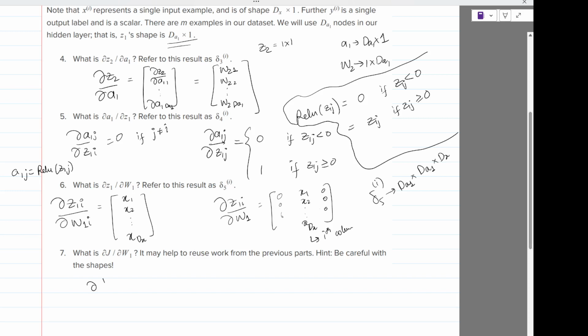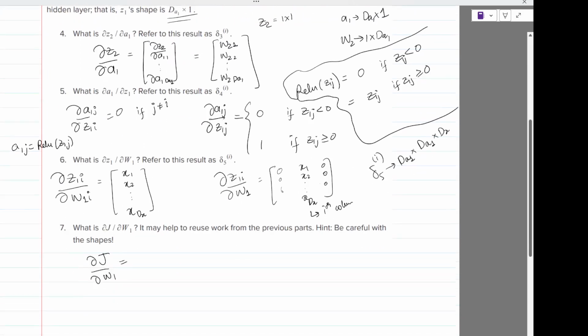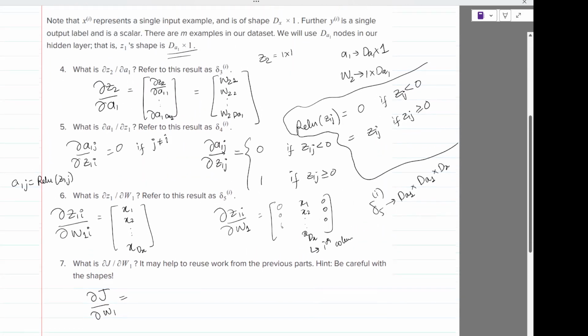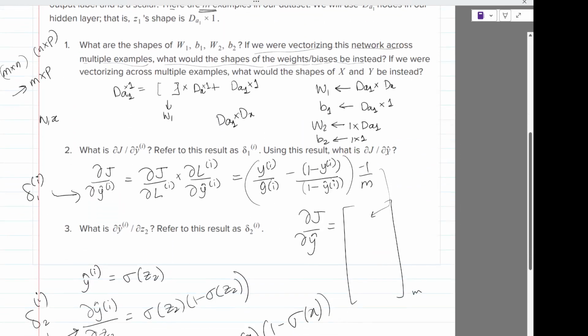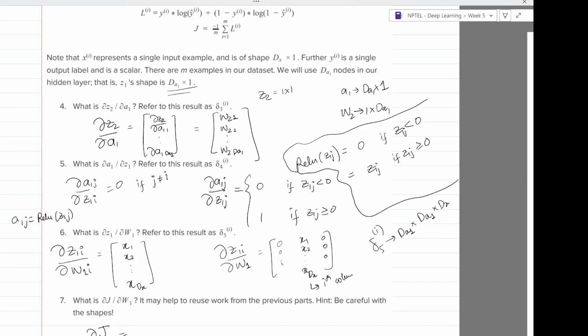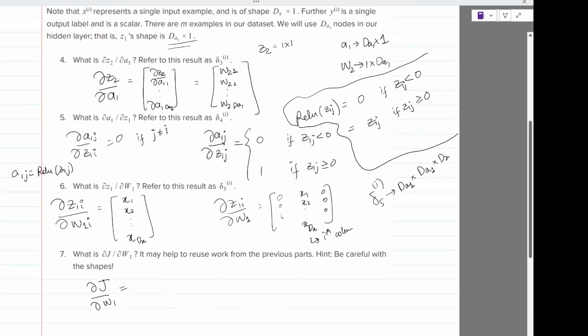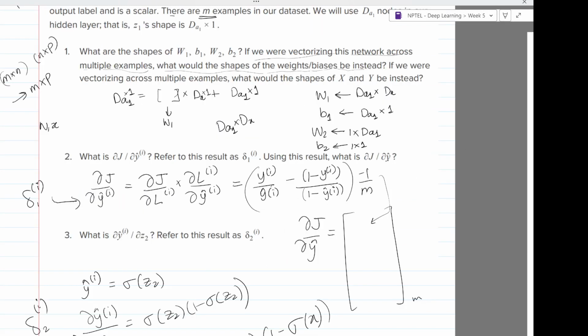So del J by del W1 is what finally? I can do del J by del y into del y by del z2 into del z2 by del a1, and so on. So it is basically the multiplication of everything that we have computed till this point.